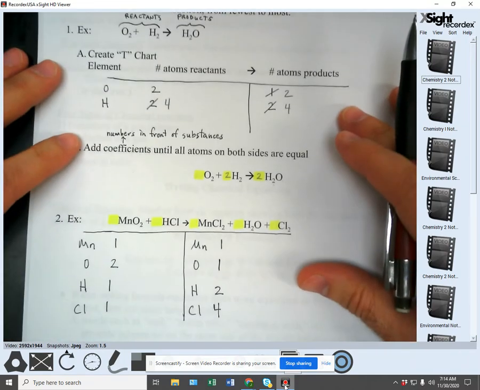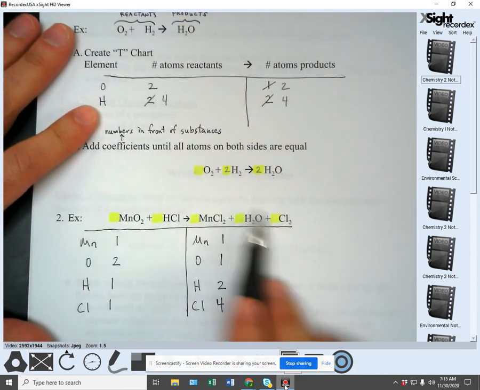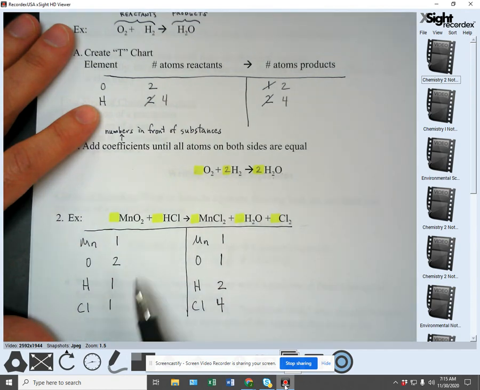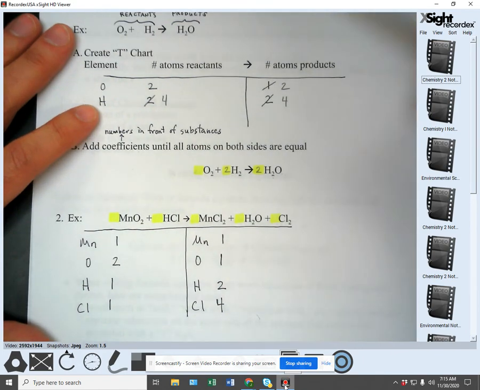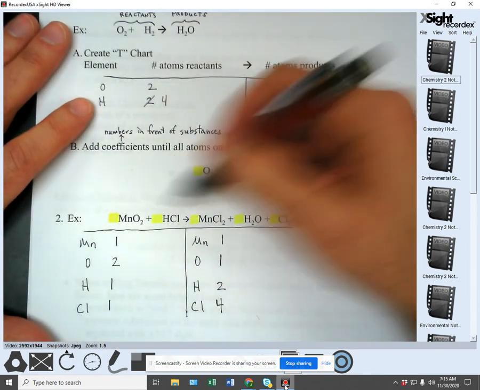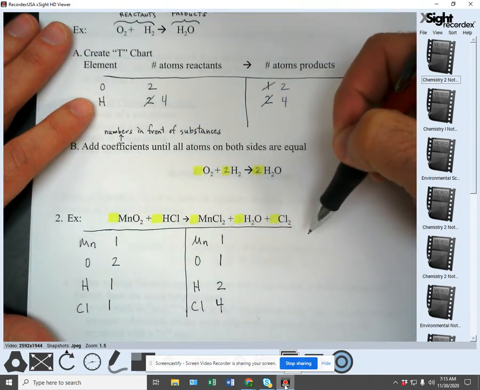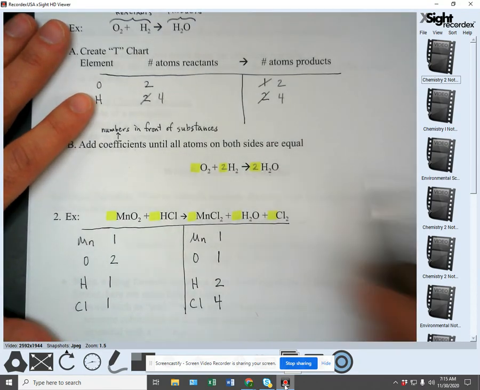So if I look here, manganese is in 2 spots in the whole reaction, right? Oxygen is in 2 spots. Hydrogen is in 2 spots, but chlorine is in 1, 2, 3 spots. So the helpful hint basically means I would do chlorine last because that's in the most number of spots. Okay, if they're tied for the same number of spots, then it doesn't necessarily matter, but that should help you a little bit.